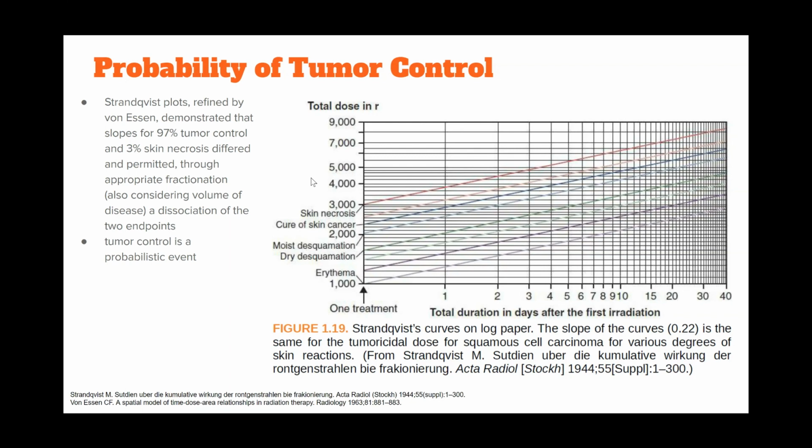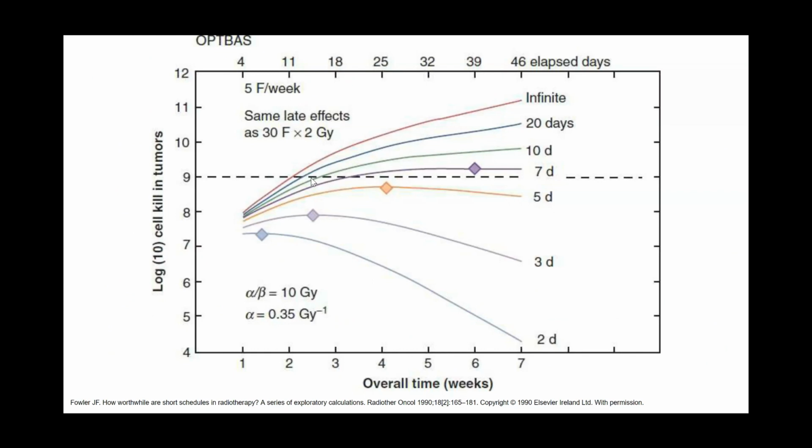And we had already discussed that tumor control is a probabilistic event. So various levels of irradiation will yield different probabilities of tumor control, right? Now, if you look at this plot, on this side we have logarithmic cell kill in the tumor, and on this side we have overall treatment time. This is if we give 30 fractions at 2 gray per fraction, then how tumors with different tumor doubling times would perform.